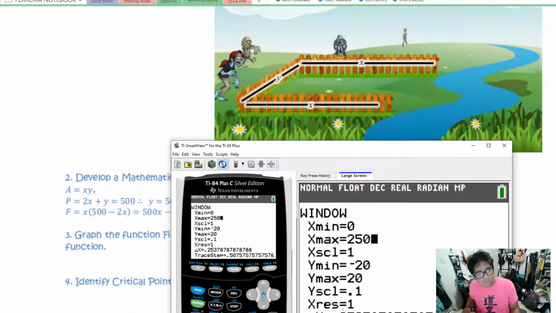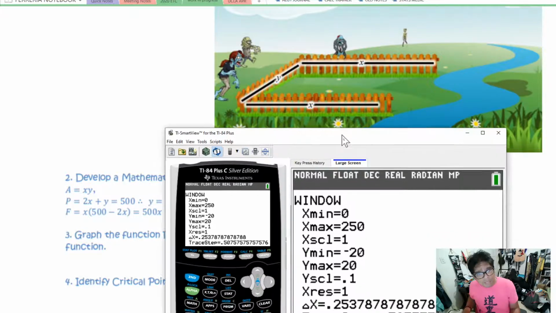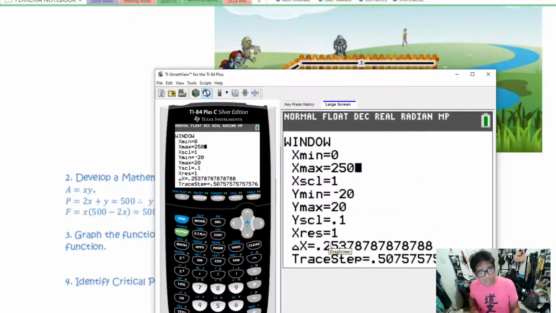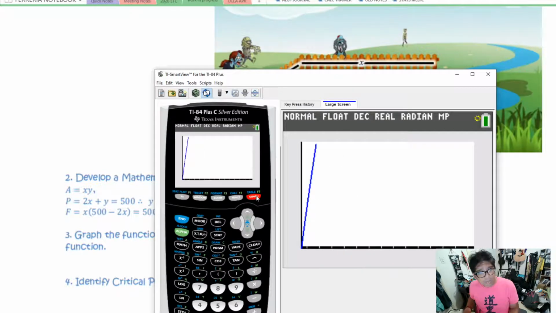If it's approximately 100 by 100, that means my height should be about 10,000. So let's see if that helps us find our graph. Push graph now. Let's see what that looks like.